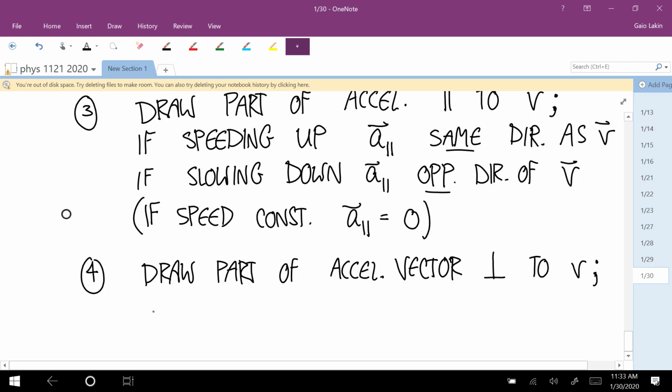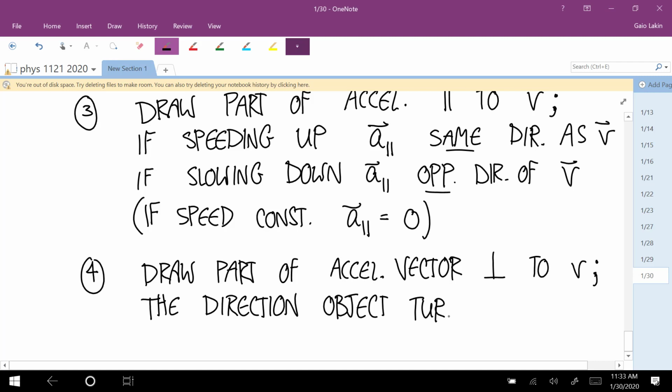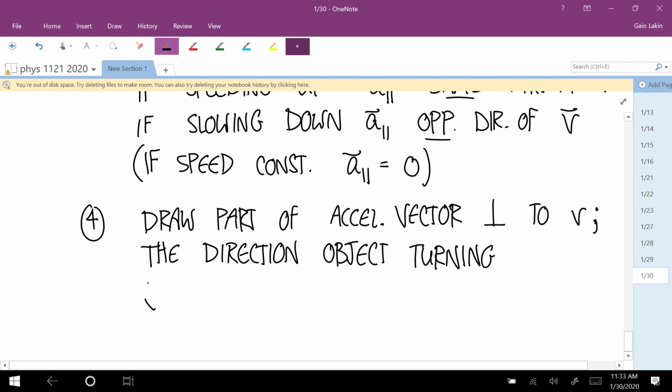So this is the direction the object is turning. If the path is straight, then A perpendicular is 0.